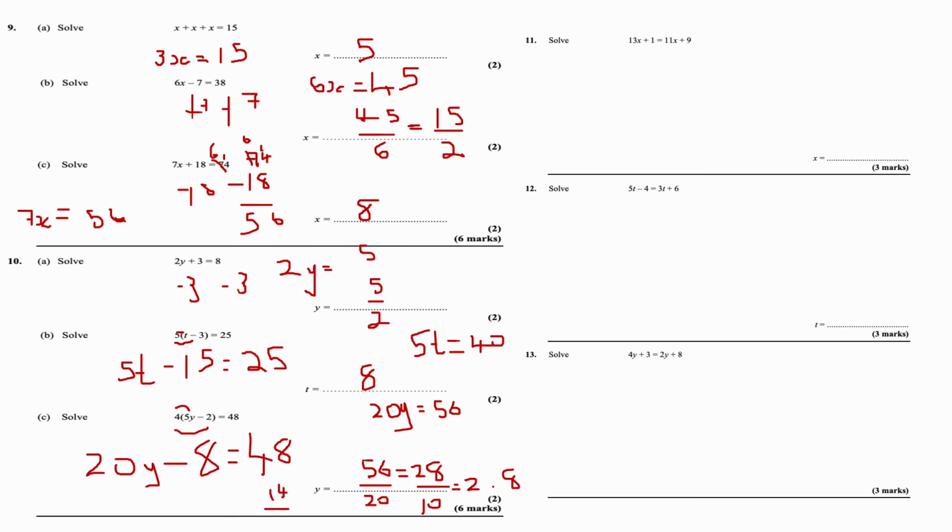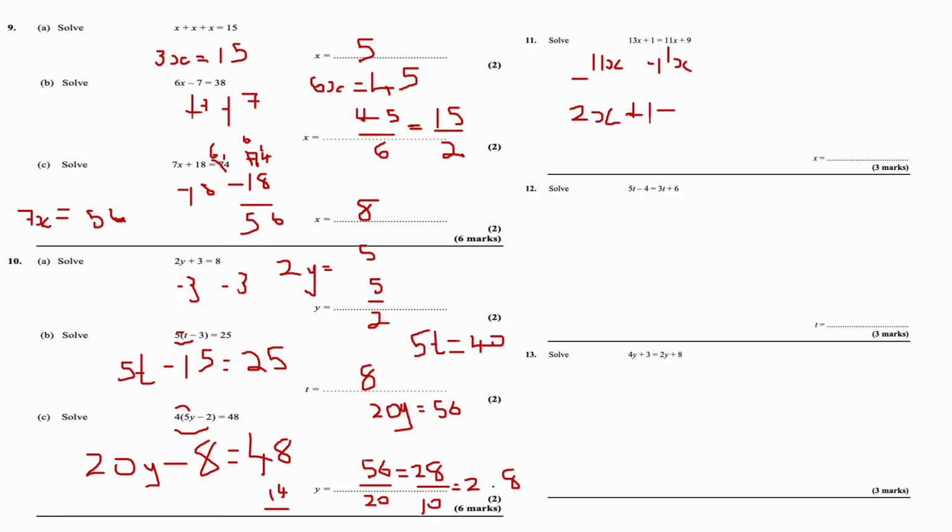Okay, this is question number 11, solving this equation where I've got x's on both sides. So if I take away 11x on both sides, so I get all my x's on the left hand side, I get 13x take away 11x, which is 2x. 2x plus 1 is equal to positive 9.